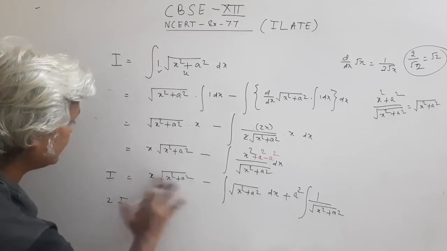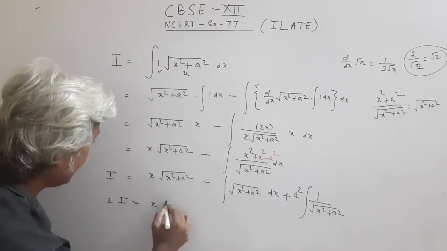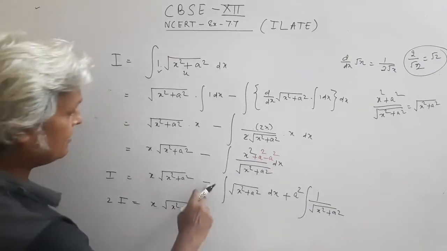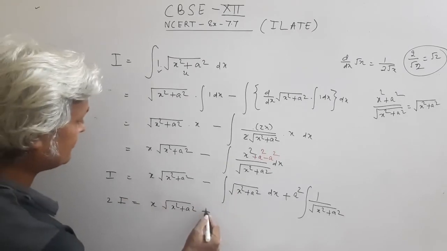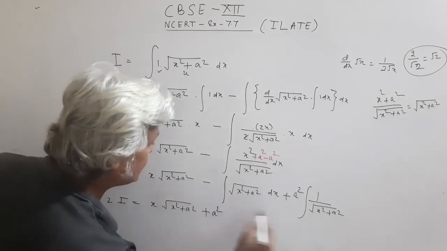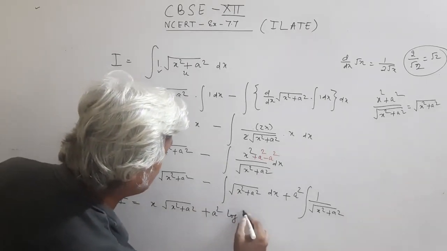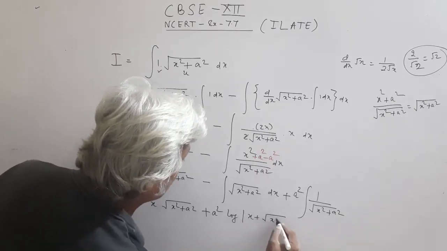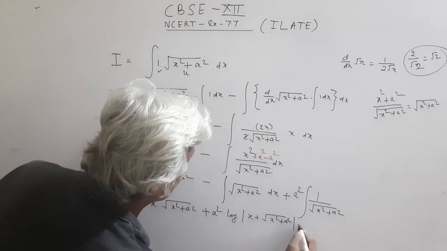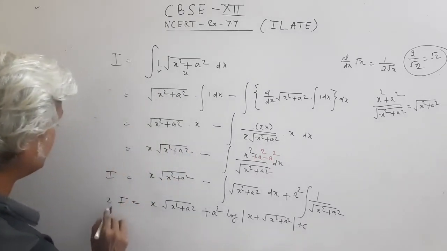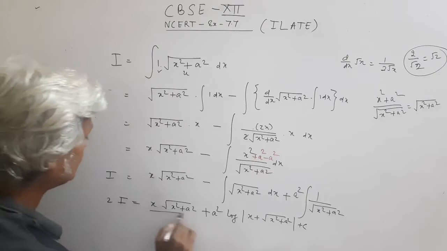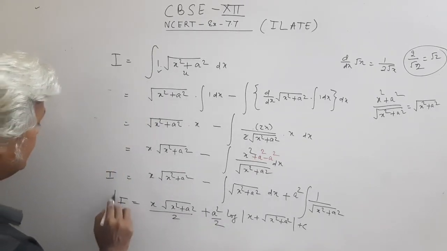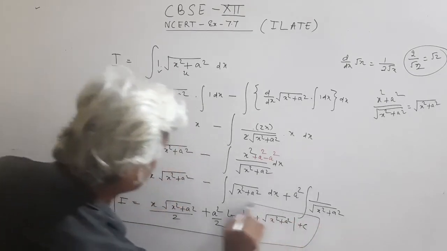And this part is already integrated, that is x under root x square plus a square, minus, the part is already gone, so we are just left with this a square, and this is directly the formula, that is log mod x plus under root x square plus a square, plus c. Now this is 2I, so just put 2 here, remove this 2 from here, and this is your final answer.